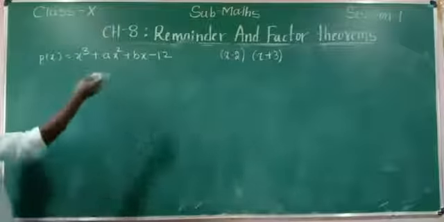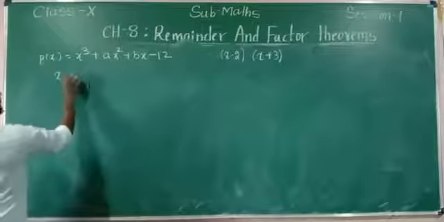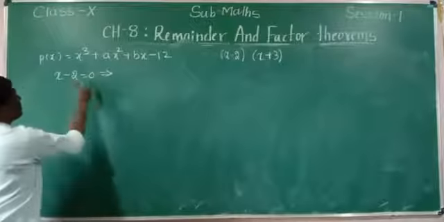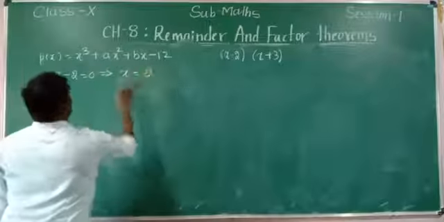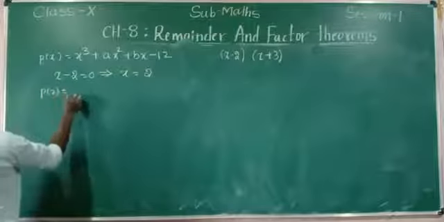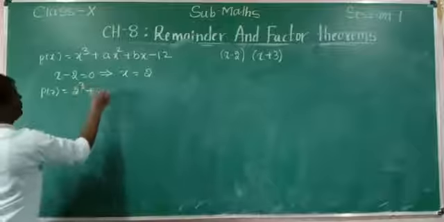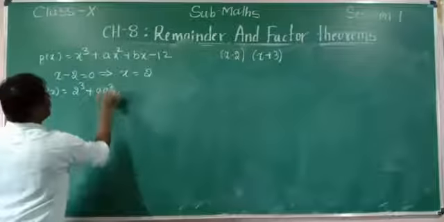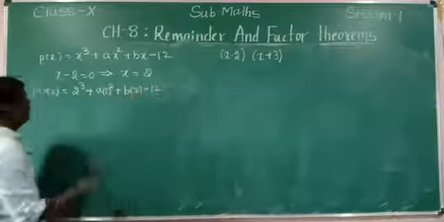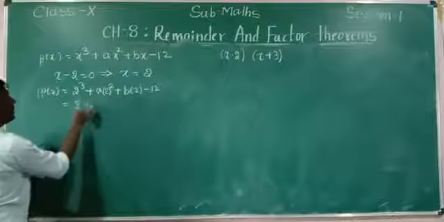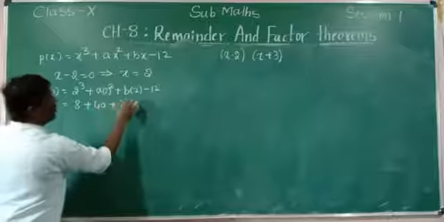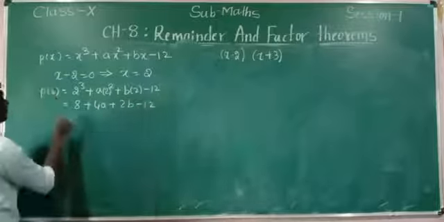So consider the first factor, x minus 2 is equal to 0. If x minus 2 is equal to 0, then x is equal to 2. Substitute that 2 in the given expression. p of 2 is equal to 2 cube plus a into 2 square plus b into 2 minus 12. 2 cube is 8, plus 2 square is 4, 4 into a, plus 2b minus 12.